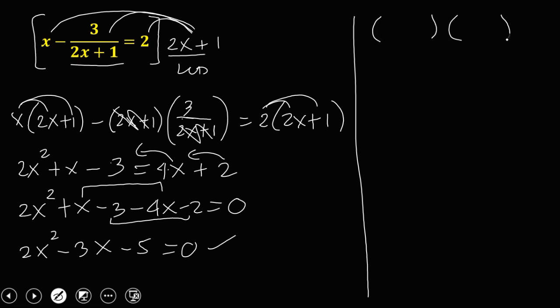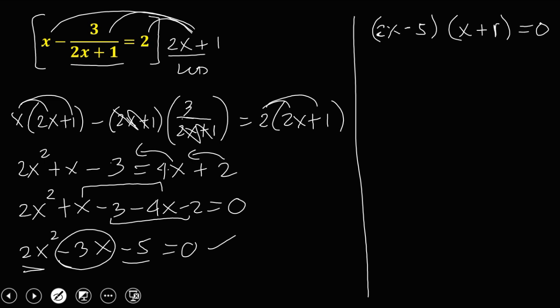To get the factors of 2x squared, we have 2x times x. Then the factors of negative 5, so 5 and 1. Since the middle term is negative 3x, this 5 is negative and 1 is positive, and that's equal to 0.